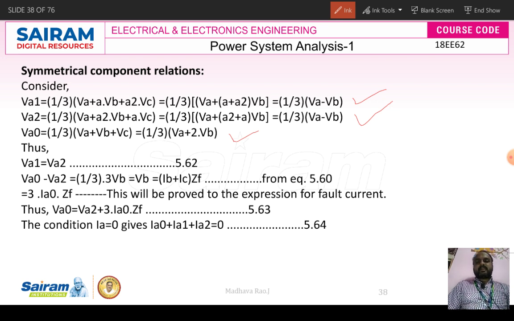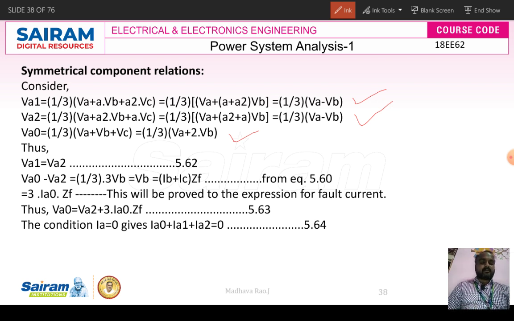Observing VA1, VA2, VA0, we can write VA1 is equal to VA2. The positive sequence voltage is equal to the negative sequence voltage in this type of fault. And VA0 minus VA2 is 1 by 3 into 3 VB, that is equal to VB, and VB is equal to (IB plus IC) into ZF.